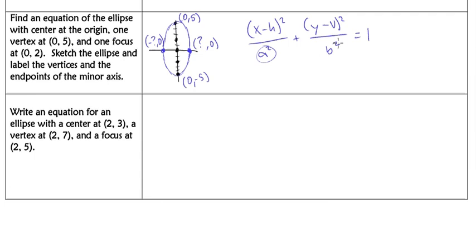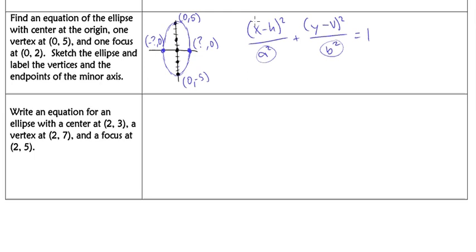And a squared and b squared, I think I switched them from how you saw them at first, but what it's saying is that whatever your distance from the center of the ellipse to its endpoints along the x-axis, and then the distance from the center to the endpoints along the y-axis. And so here we go.